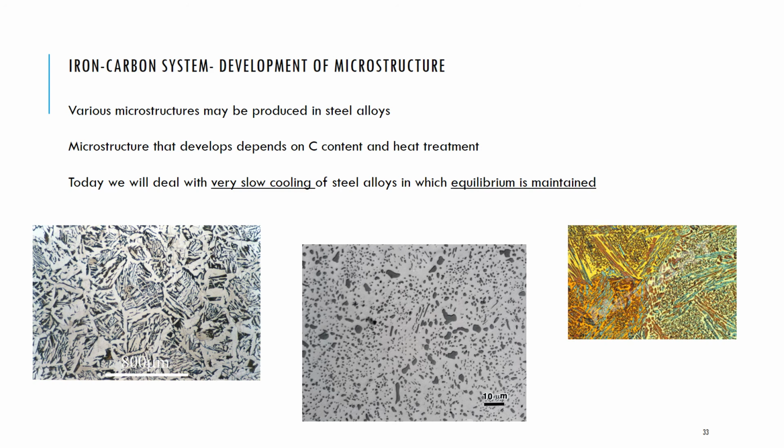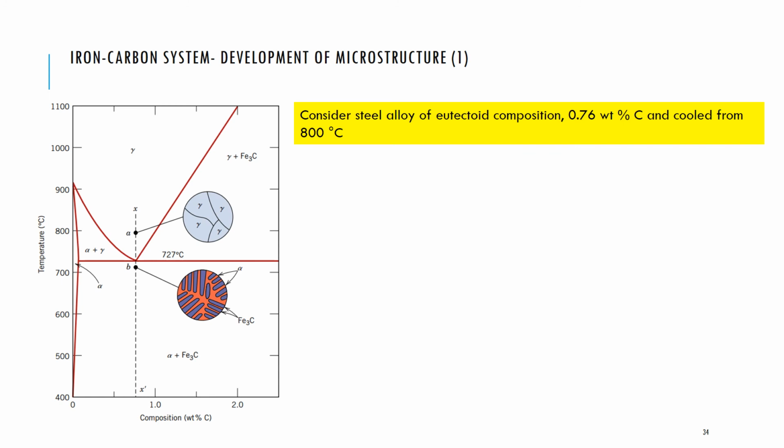So we are going to deal with, at the moment, the very slow cooling of steel alloys in which we maintain equilibrium. So let's consider a steel alloy of eutectoid composition, 0.76 weight% carbon, and that is cooled from 800 degrees Celsius.